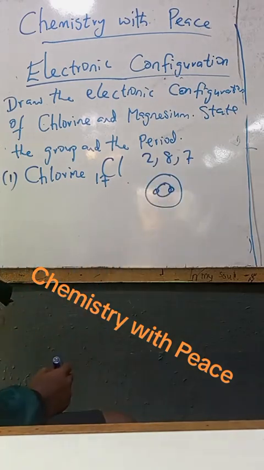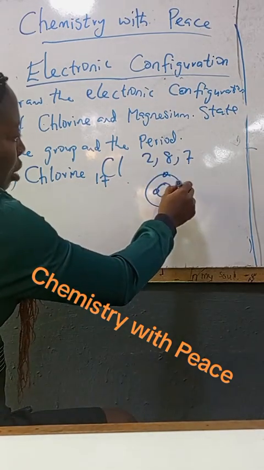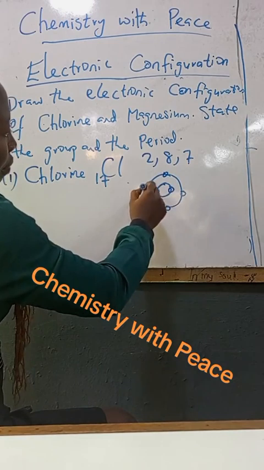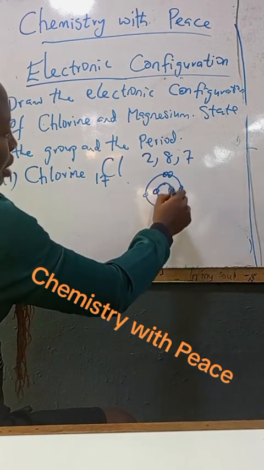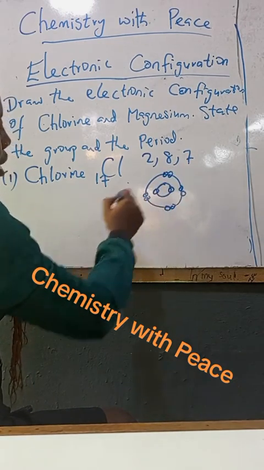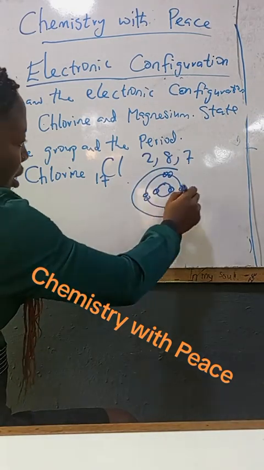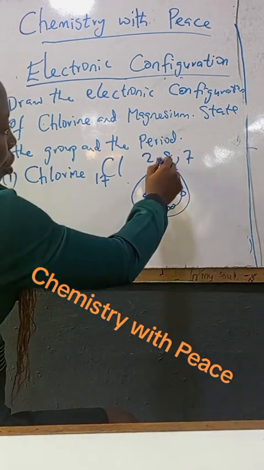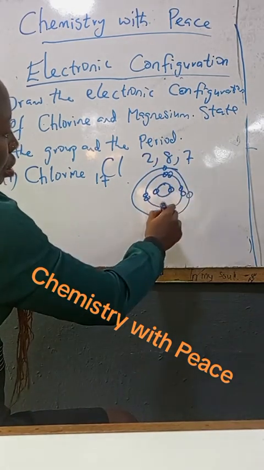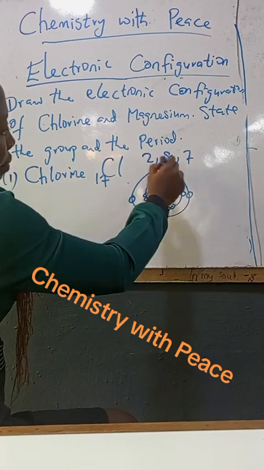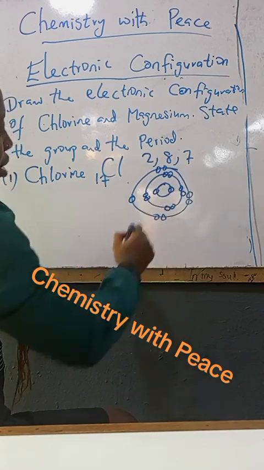Second shell should have 8 electrons: 1, 2, 3, 4, 5, 6, 7, 8. Then the third shell should have what? 7 electrons: 1, 2, 3, 4, 5, 6, 7.